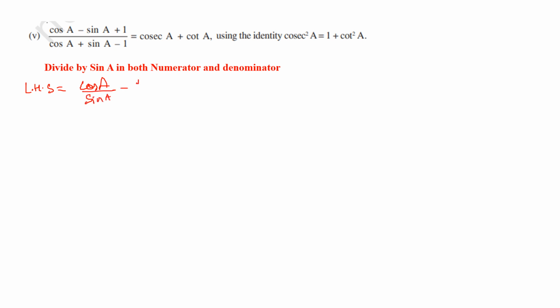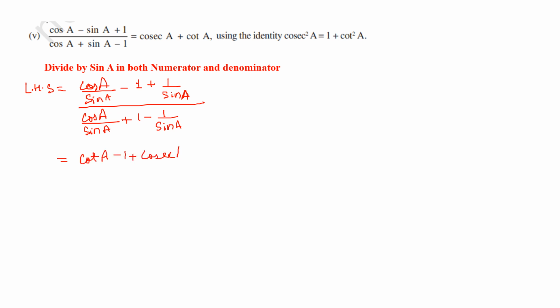So in the LHS part, let's divide: cos A by sin A minus sin A by sin A will become 1, plus 1 by sin A. This I did in the numerator. Now same thing I have to do in the denominator also. So cos A by sin A plus 1 minus 1 by sin A. So cos A by sin A will become cot A, so (cot A − 1 + cosec A) by (cot A + 1 − cosec A).